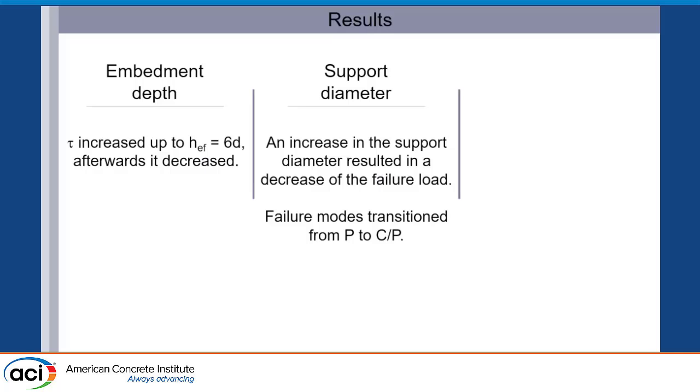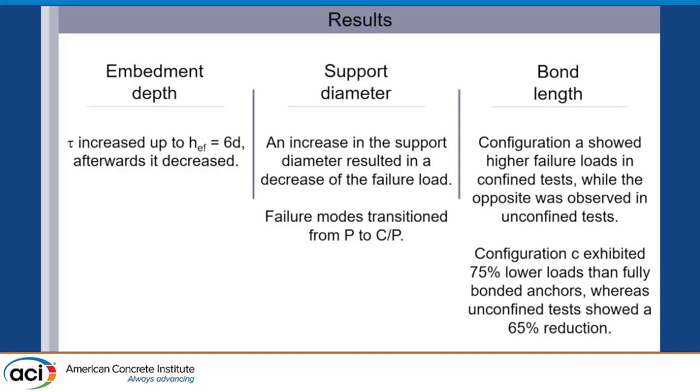The tests with support diameter showed a decrease in failure load with an increase of the support diameter, as is to be expected, and the failure mode transitioned mostly from 100% pull-out failure to a mixture of pull-out failure and concrete cone.